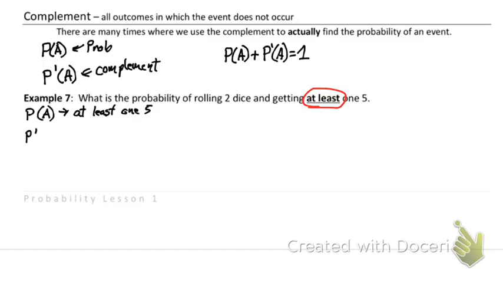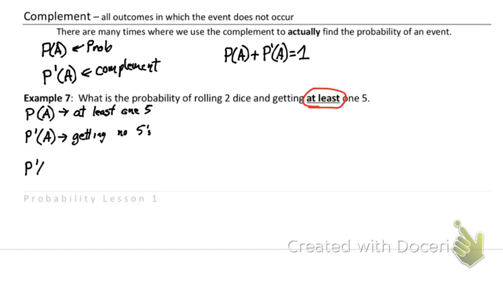And then when I do the complement, let's go P prime A. It kind of doesn't make sense to put a full sentence in there, so I'm just going to let the A stand for that. P prime A would be, well, the probability of getting at least 1 5, its counter is going to be getting no 5s. Because at least means I can have 1 or I can have 2. The complement of that would be not getting any 5s whatsoever.